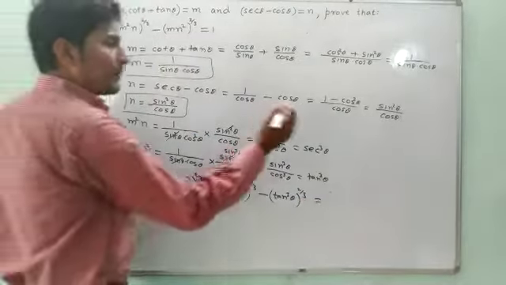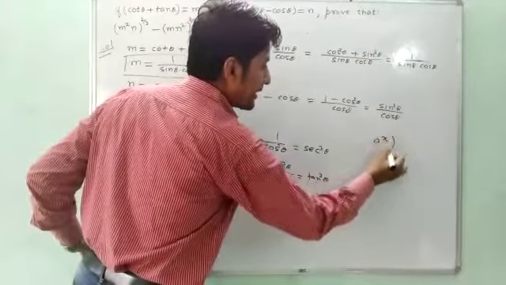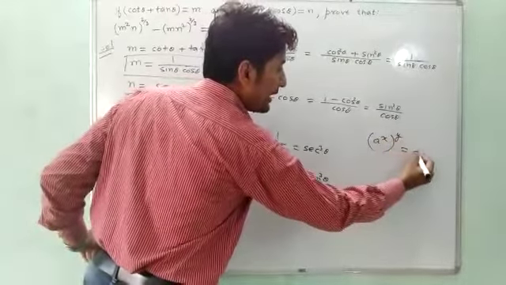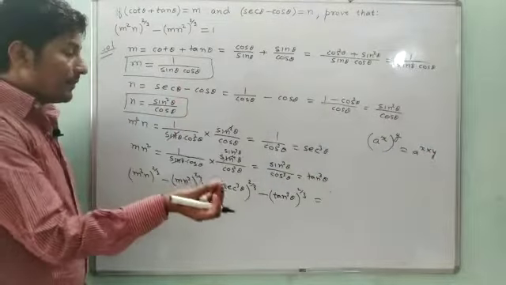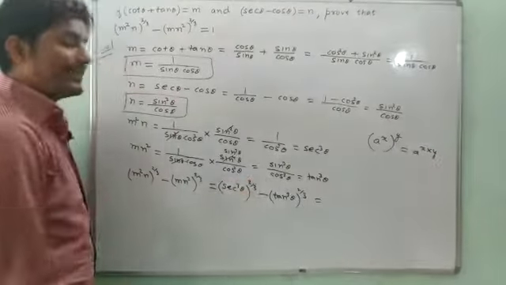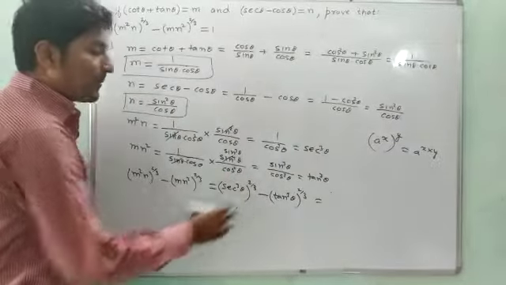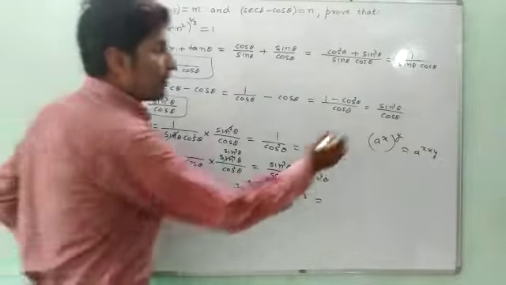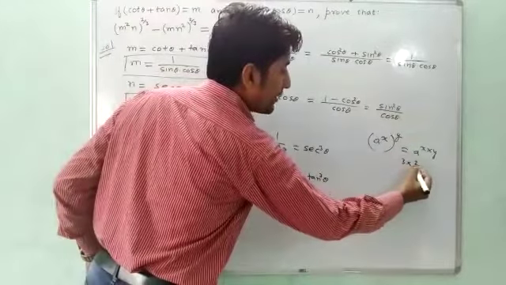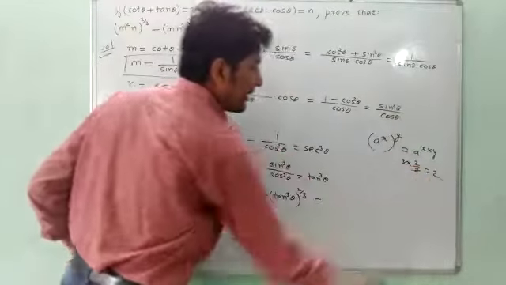Now, if we have a to the power x and whole to the power y, then we can write a to the power x into y. Both the exponents can be multiplied. Similarly, we have to multiply these two exponents. If 3 is multiplied by 2 upon 3, then the result is 2. 3 cancels, so we have 2.